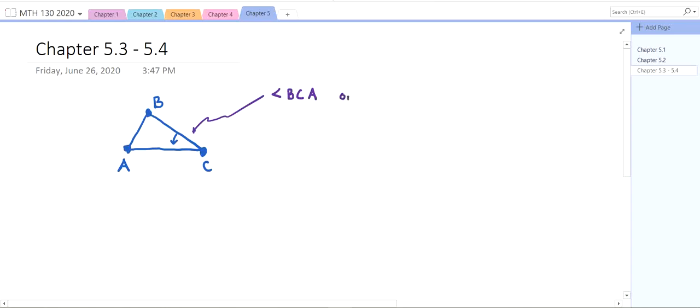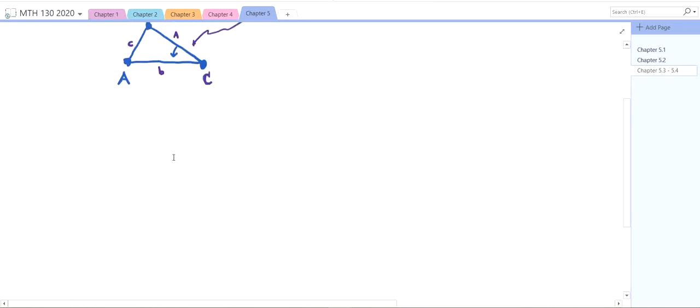But more simply, we could just call it angle C. Or no, wait, let's stick with the uppercase C. The reason is that often the opposite side in a triangle we will label with the lowercase letter. So this is side c, side b, and side a, because there sometimes are equations where we need to use those.